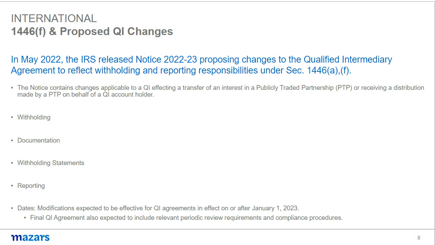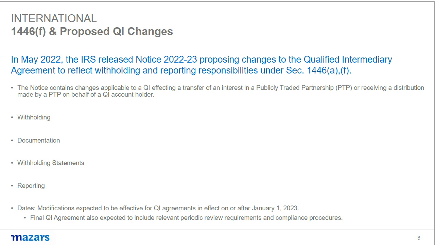On the 1446F front, that's a withholding regime that applies when you have a buyer of an interest in a partnership from a non-U.S. seller. That's a requirement to withhold 10% of the gross amount paid. If the publicly traded partnership is held with a broker, that withholding obligation shifts to the broker.